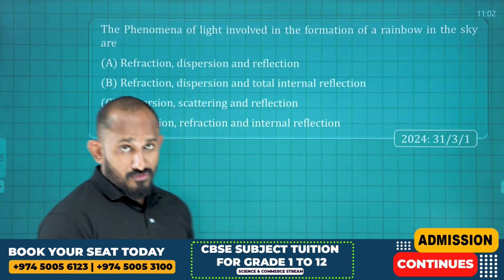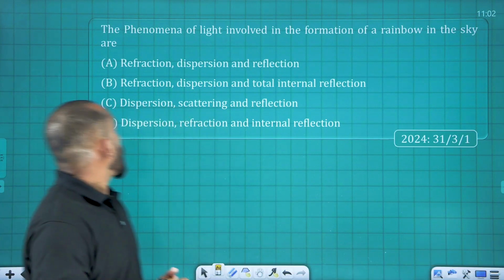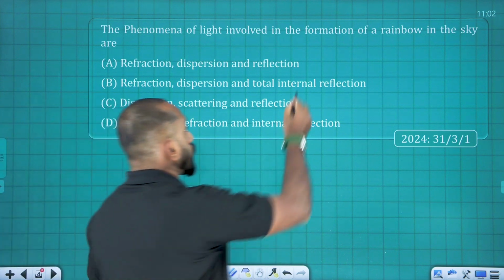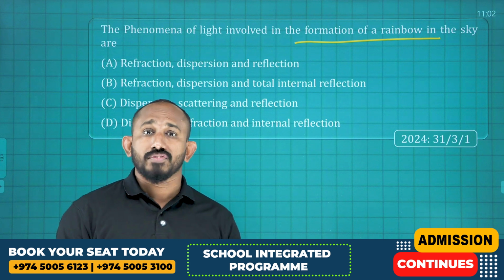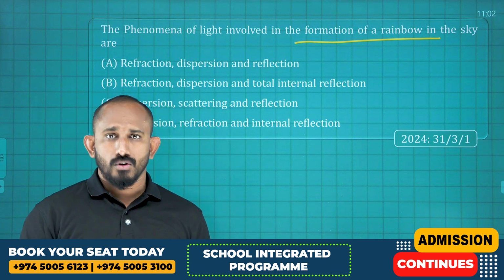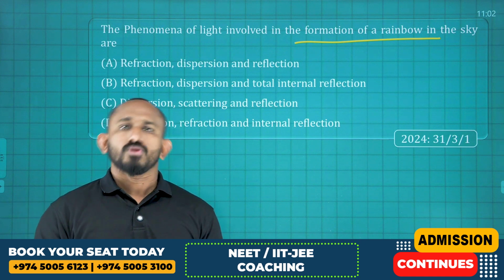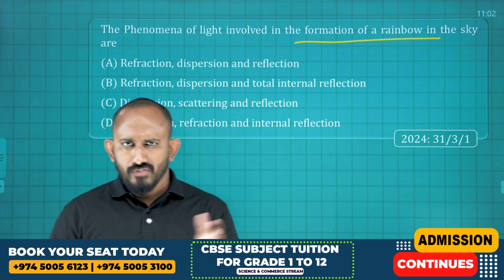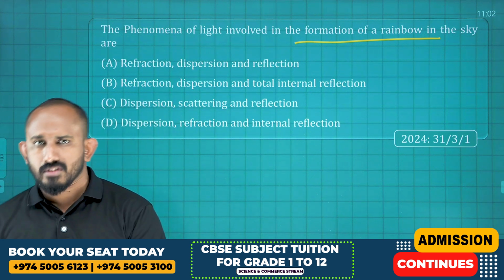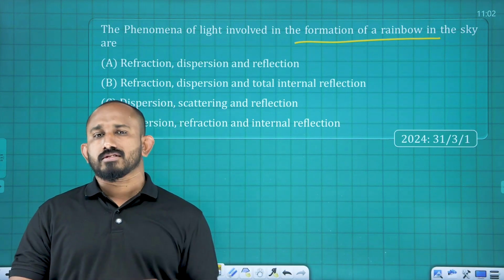The phenomena of light involved in the formation of a rainbow in the sky are? So the question is about rainbow formation. A rainbow is formed soon after rain, if the sun shines, that is, sunlight and raindrops are there in the atmosphere. The major phenomenon is dispersion. There are 4 steps you can say.